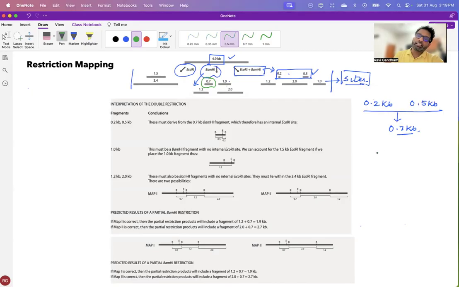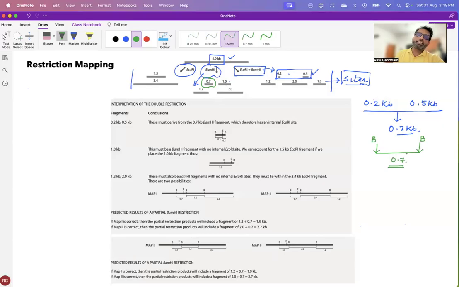It means that within the 4.9 kb, there is a region that is flanked by, I'll write BamH1 with B and EcoR1 with E, the BamH1 sites. And what is the size of this region? It is 0.7. Now, what happened to this 0.7?